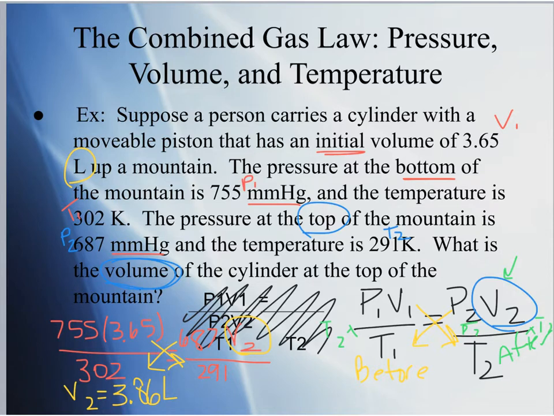Okay, so 3.86 liters. So at the bottom of the mountain, the cylinder was 3.65 liters. At the top of the mountain, with the pressure and temperature changes, the volume of that piston is now 3.86. All right, so please make sure you do that math on your own so you understand how that works, and so that you get the correct answer for that.